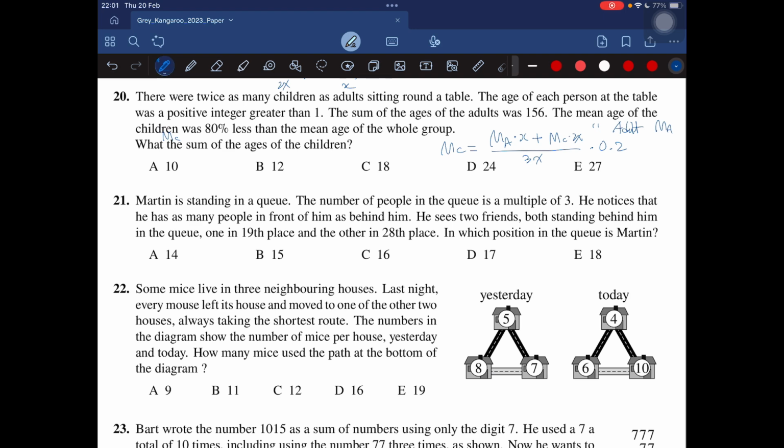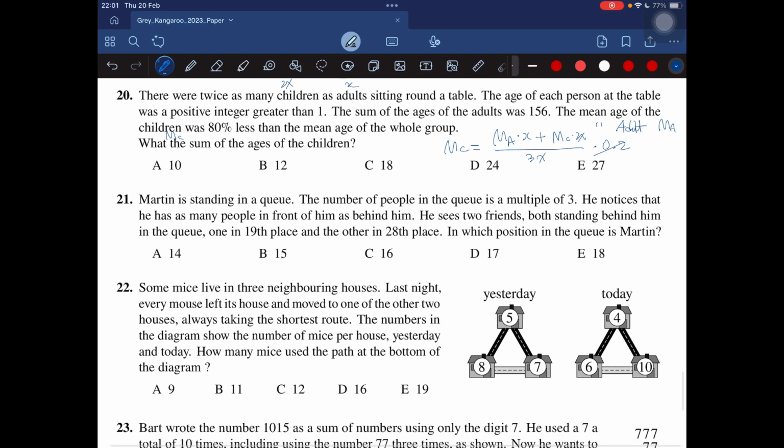So this one is 1/5, so 15 MC becomes MA plus 2 MC. So 13 MC becomes MA. But MA is 156 over x.